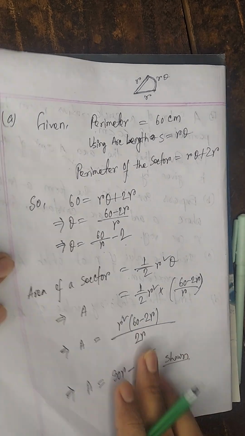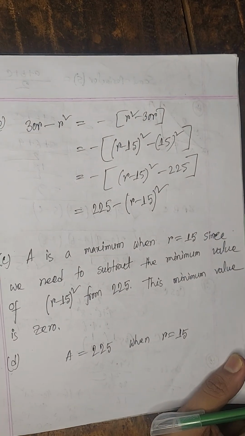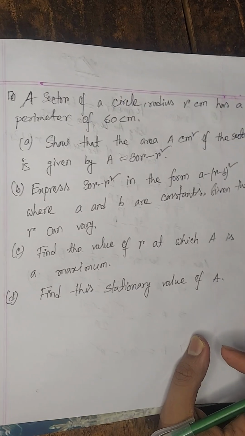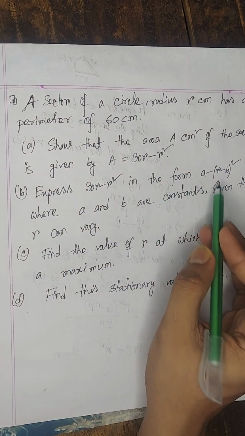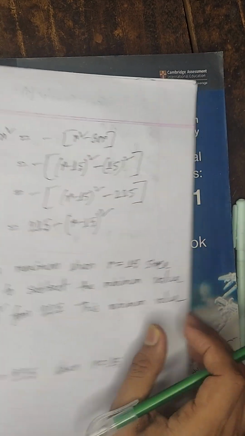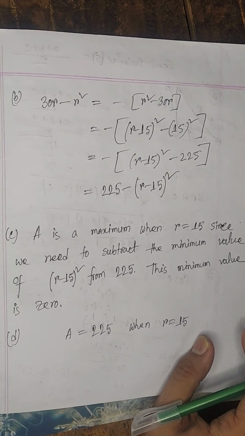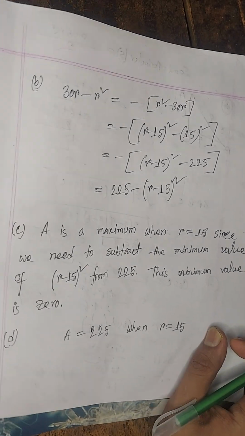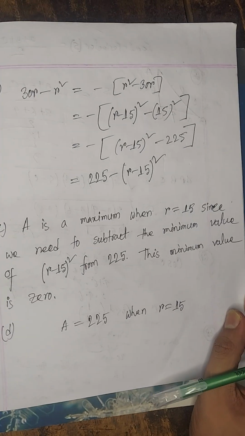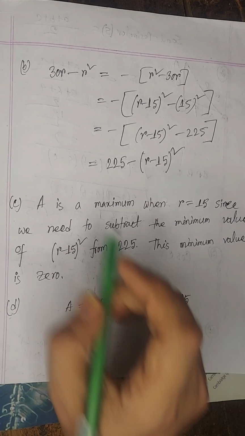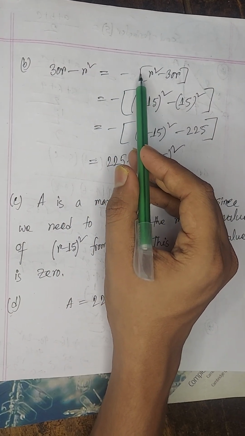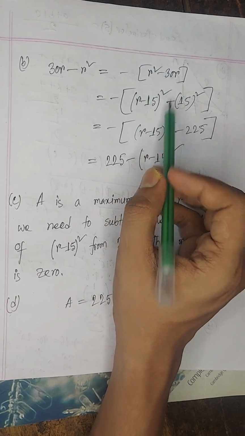Okay, now part B. In part B we have to express this expression, 30r minus r², in this form. 30r minus r², we can take the minus out and put this in the bracket, and we get r² minus 30r.